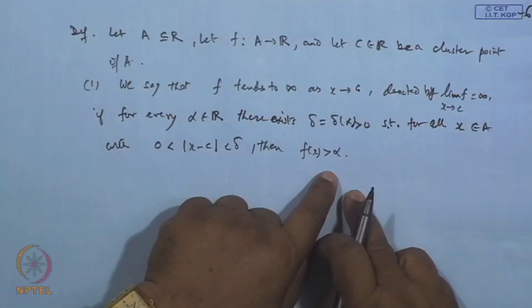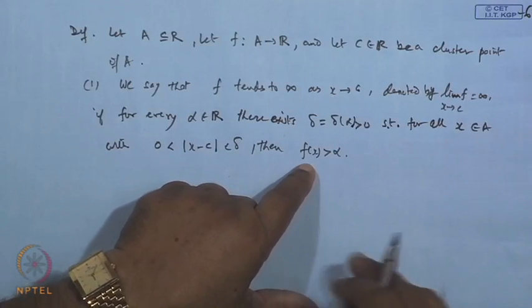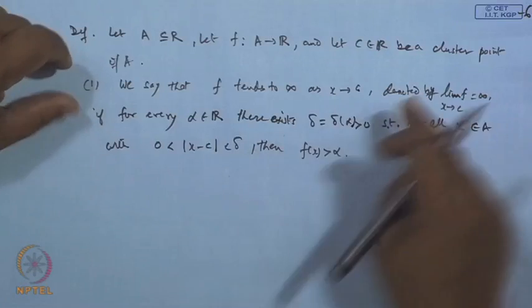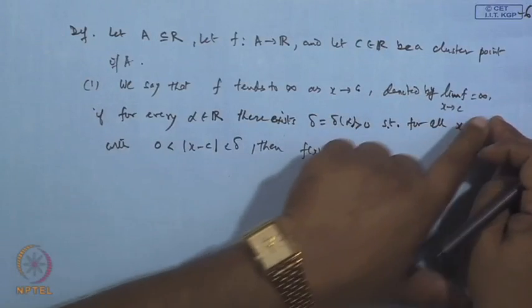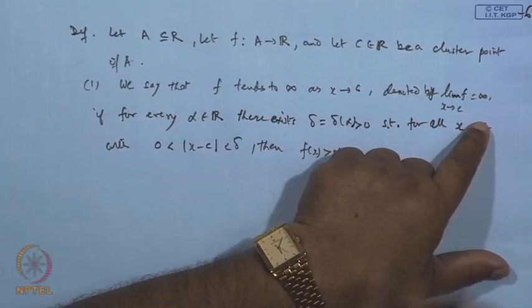And since alpha is arbitrary, it means the value of the function f of x cannot be bounded, it is unbounded. When we say the limit of f as x tends to c is infinite, it means when x approaches c, the function f is not bounded.